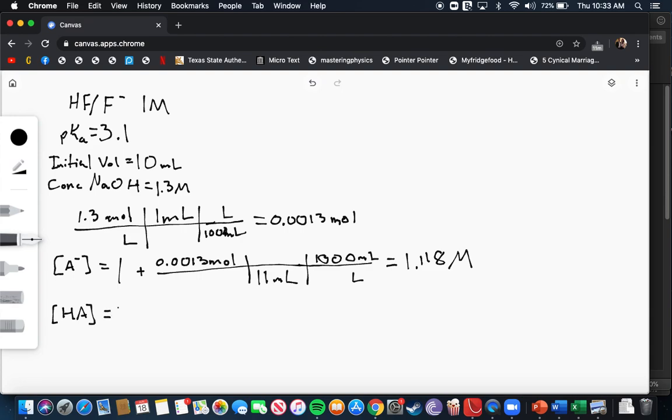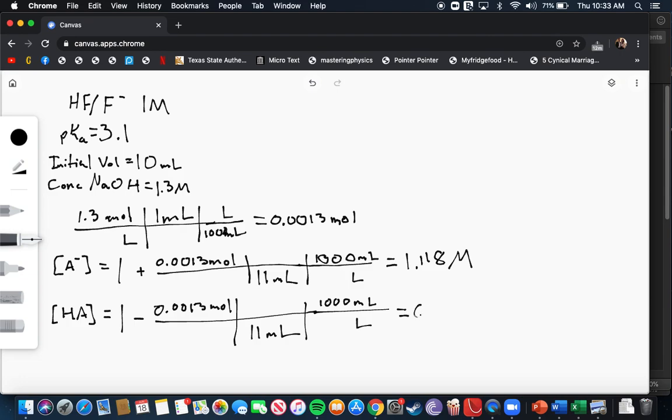Again, NaOH is going to be stealing the protons from that, so you have your initial concentration minus however much NaOH you added. So that's going to be 0.0013 again. Again, dividing by our new volume, and again, multiplying by 1,000 to convert milliliters to liters so we can get molar.